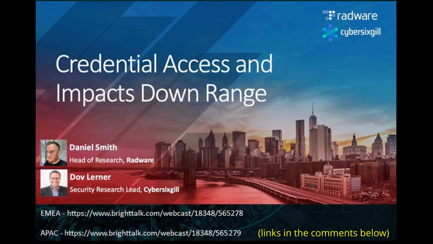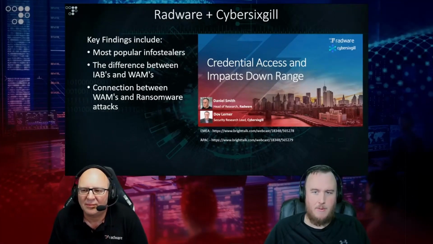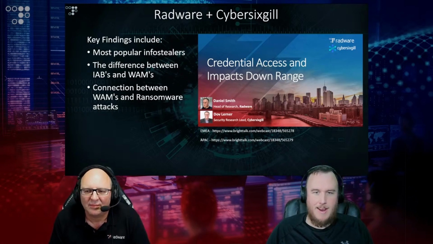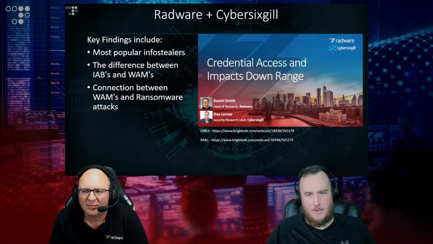He covers the difference between IABs, initial access brokers, and WAMs, wholesale access markets. So for example, Russian Market is a wholesale access marketplace. And then they go even further into looking at the connections between WAMs and ransomware attacks. They've actually been able to find correlations between ransomware attacks and the credentials that were sold prior to them. Definitely a webinar worth seeing. I think it's only about 45 minutes.